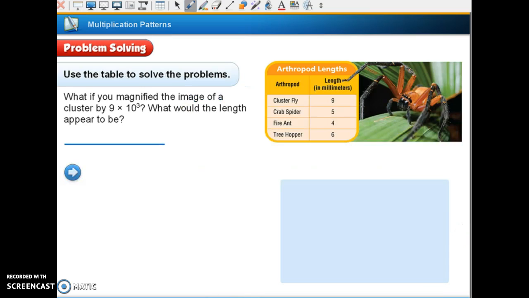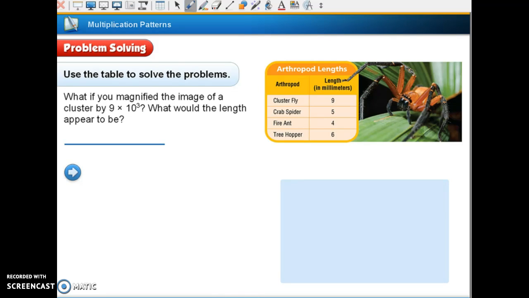All right. This is the problem solving down at the bottom. Arthropod lengths. Use the table to solve the problem. What if you magnify the image of a cluster fly by 9 times 10 to the third power? What would the length appear to be?